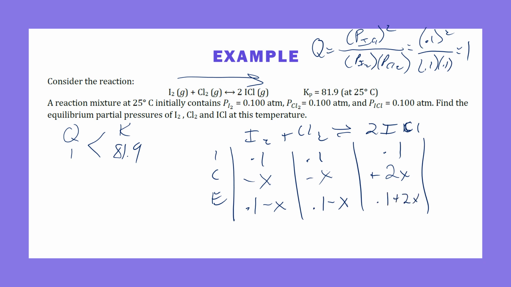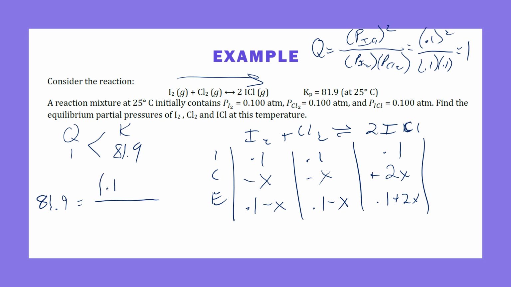From there, we can plug this into our equilibrium expression. So we have our value of K is 81.9. And it's the same expression as Q, because we still put products over reactants. But let's go ahead and plug in the equilibrium values.